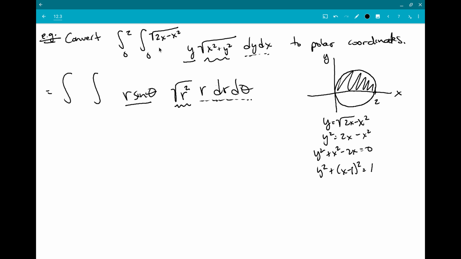Oh, real quick, a word of warning. Some of you will think, okay, I know my rules for converting things: x becomes 2 cosine theta times r. Oops, none of you would write it that way. You would do r cosine theta, and minus x squared, r squared cosine squared theta, or r squared minus y squared for r squared equals x squared plus y squared.